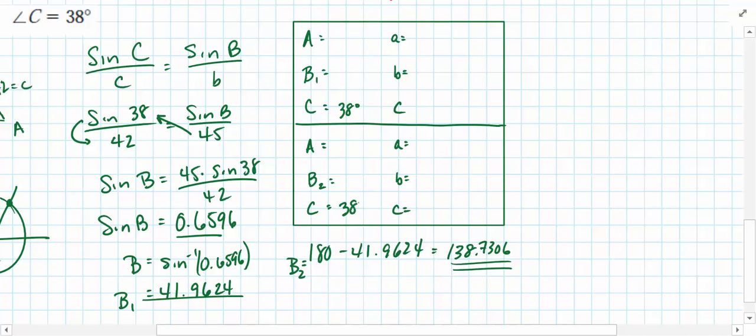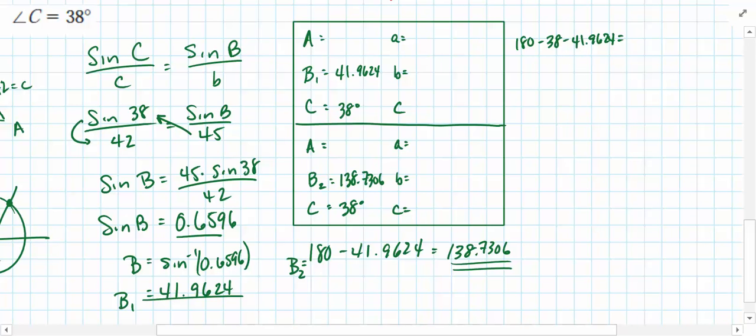That was given to us. In one case, B might be 41.9624, and in the other case, we'll have a B value of 138.7306.